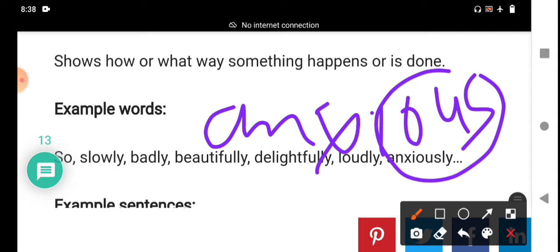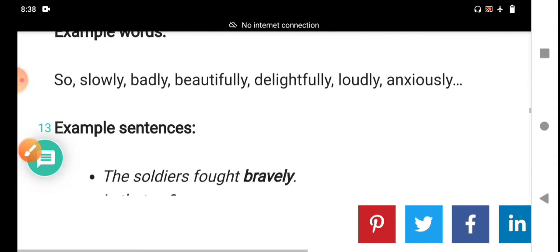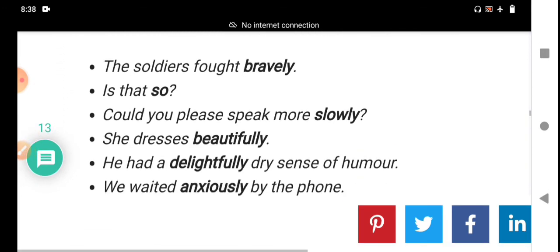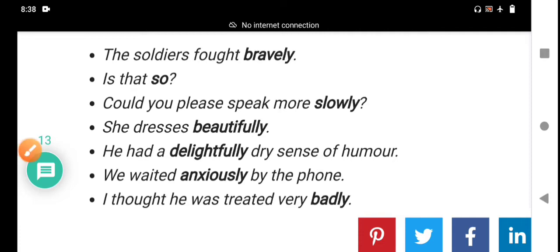These are adjectives, and adding ly changes them into adverbs. Most adjectives are changed into adverbs like this. Some examples I have given to you.